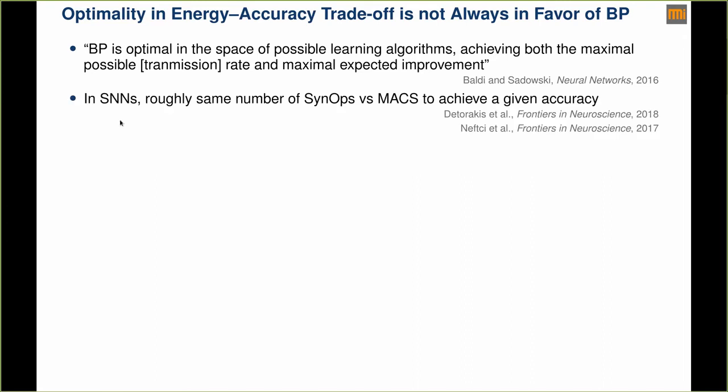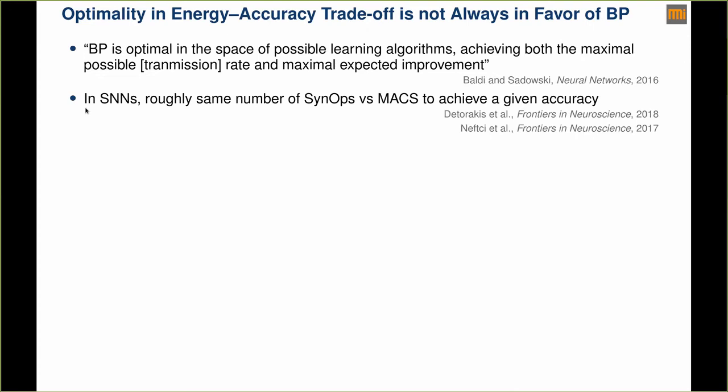And roughly, a rule of thumb here is that you would need approximately the same number of synaptic operations, a synaptic operation being the equivalent of a multiply accumulate in a conventional processor but in neuromorphic hardware, to achieve a given accuracy. Given that a synaptic operation is potentially a sparse operation, and it's a multiplication with a variable that has a single bit, basically just reading from a memory, this can be much cheaper than the multiply accumulate.